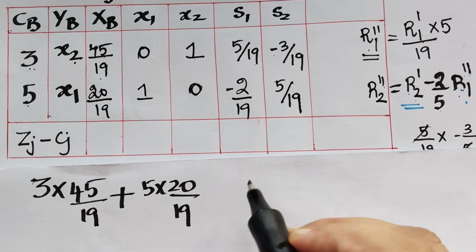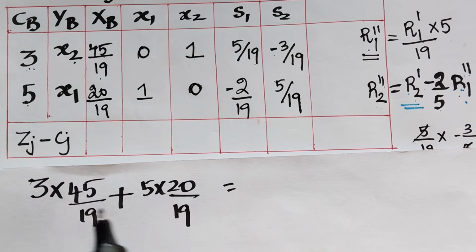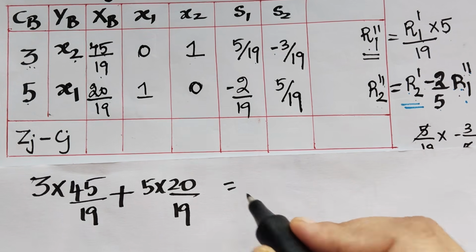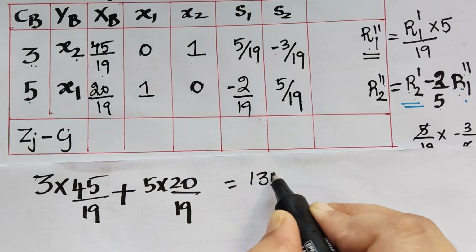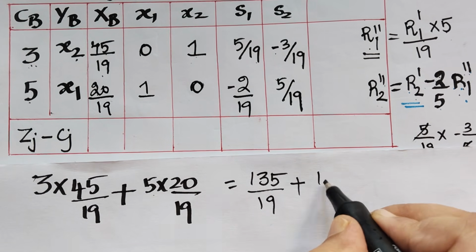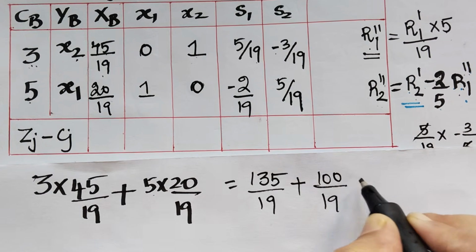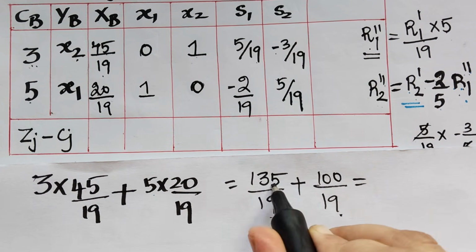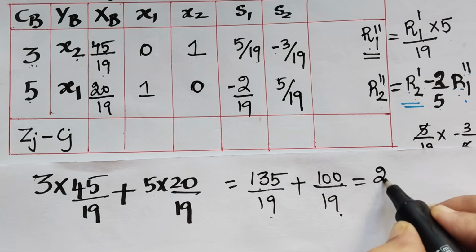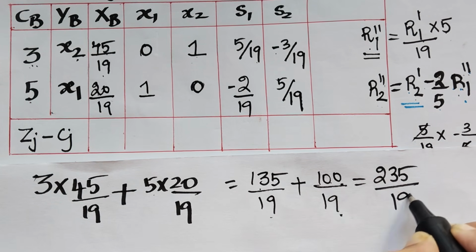So what will that be? What is 3 multiplied with 45? If you calculate that, it will be 135 divided by 19 plus 5 multiplied with 20 is 100. So 100 by 19. Since both the denominators are same, we can just add the numerators directly. So 235 divided by 19. So this is the value.